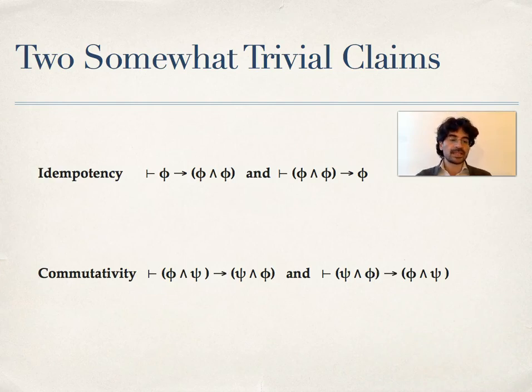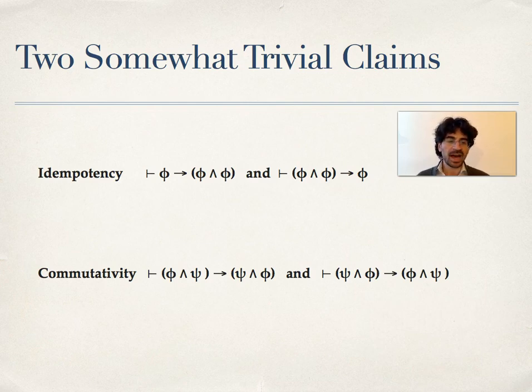We can look at two examples of how we can use the derivation rules that we've just learned, the rules for reiteration, introduction of conjunction, introduction of implication, elimination of conjunction or elimination of implication, to construct derivations for relatively simple claims, namely that phi implies phi and phi, or that phi, this is known as idempotency.